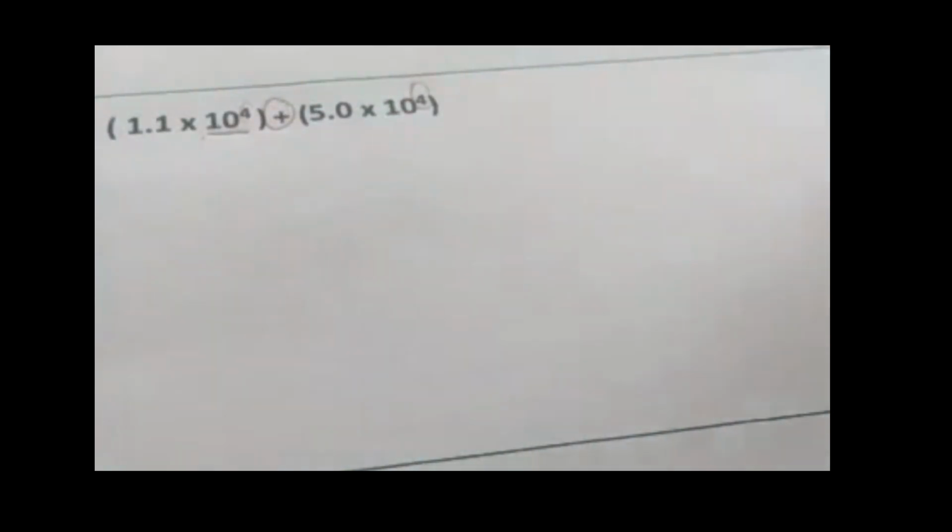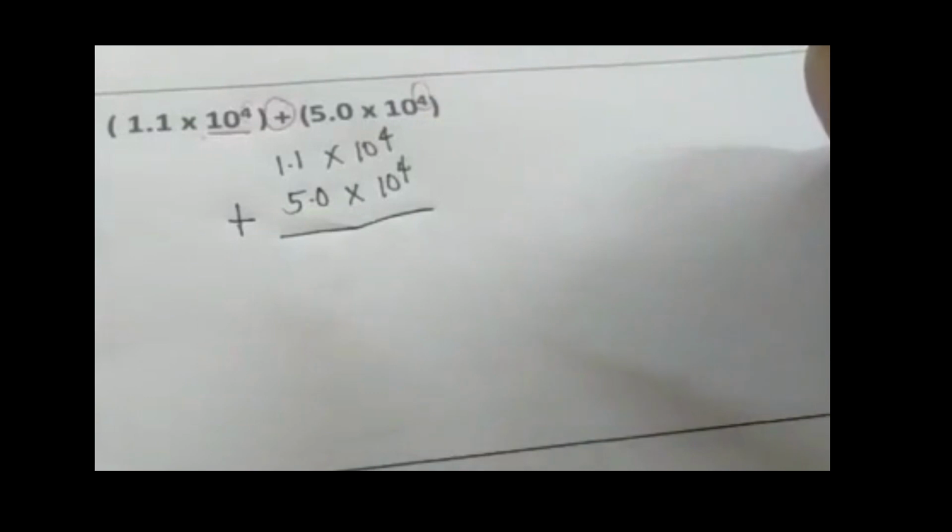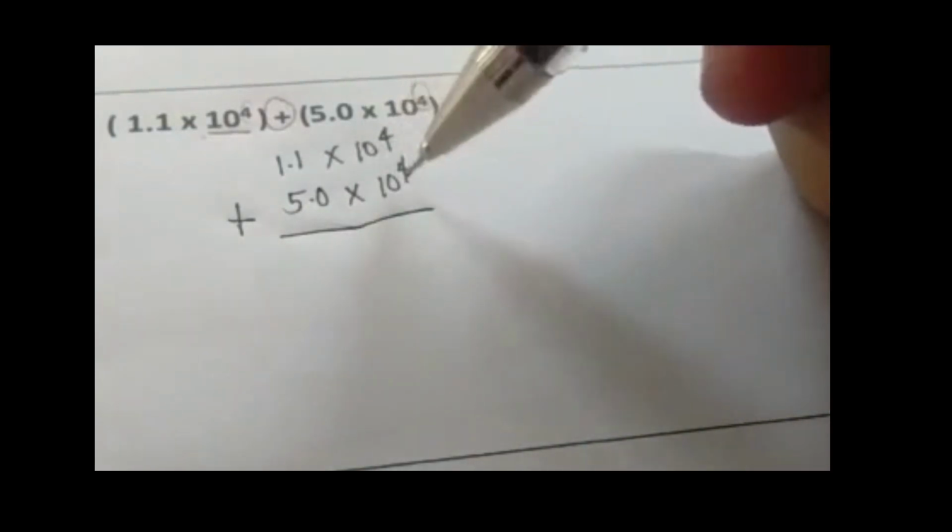If we write it vertically, that is 1.1 times 10 to the power of 4 plus 5.0 times 10 to the power of 4. Since the two scientific notations have the same powers and the same bases, we'll just copy.